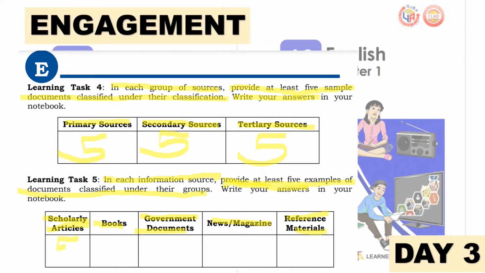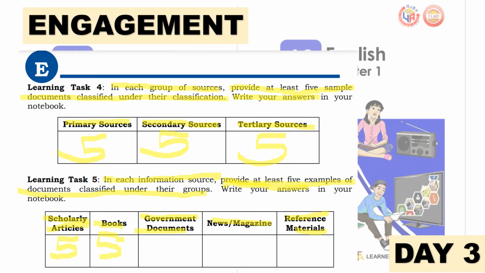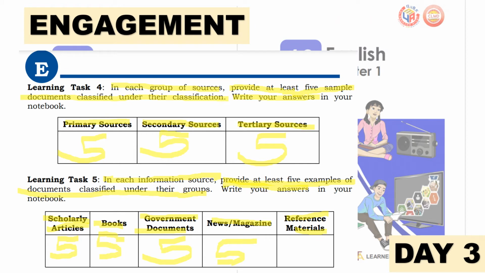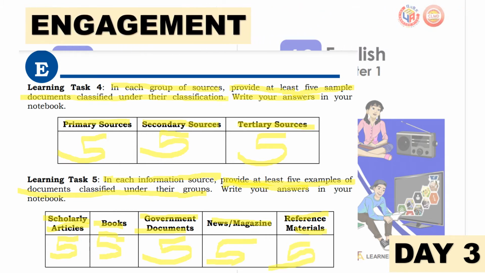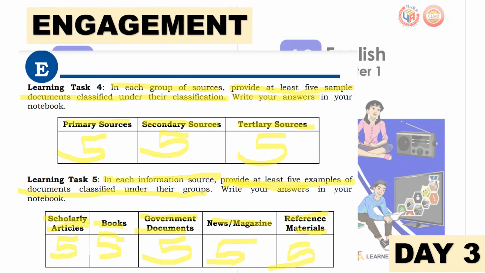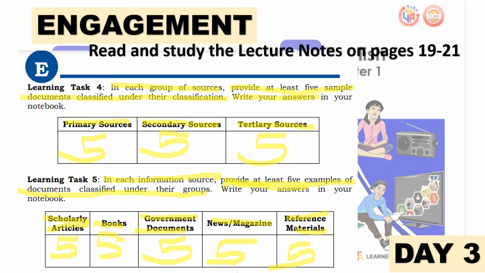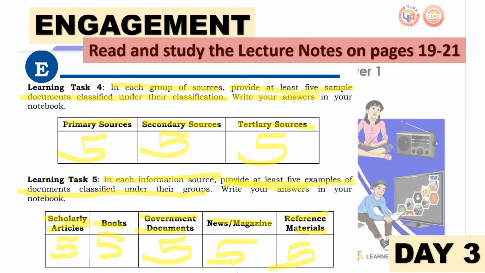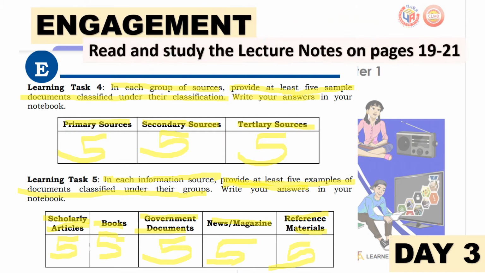Again, 5 samples for scholarly articles, 5 samples for books, 5 samples for government documents, 5 samples for news or magazine, and 5 samples for reference materials. To guide you in answering these tasks, please do read and study the lecture notes on pages 19 to 21.